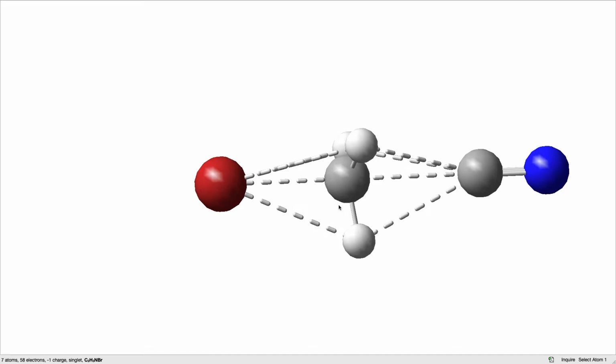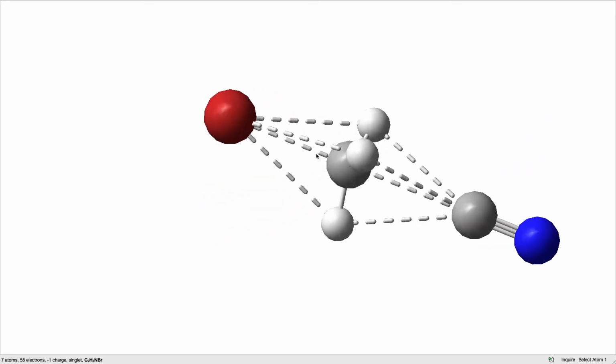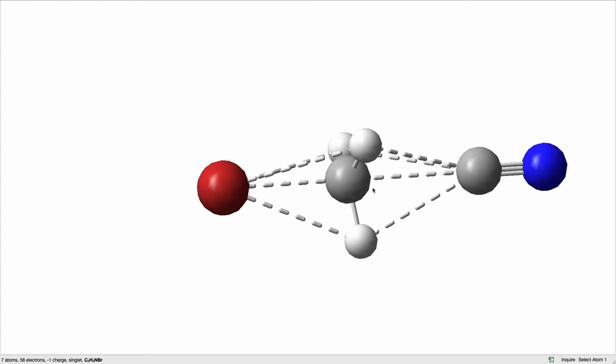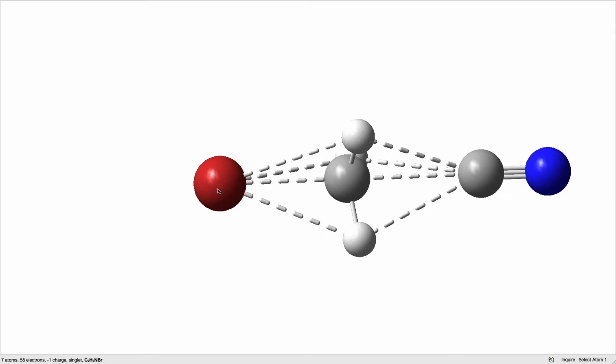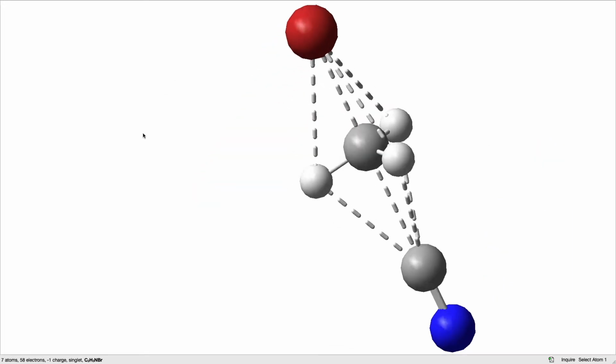You may have been taught in undergraduate organic chemistry that the transition state of an SN2 reaction involves basically an sp2 hybridized carbon. That's true if the nucleophile and the leaving group are coming in and leaving at the same rate. Of course, in this case, it looks like for the bromo leaving group, the nucleophile has to come in a little bit more than the bromo leaving group leaves. But there's some interesting things you get out of transition state calculations.